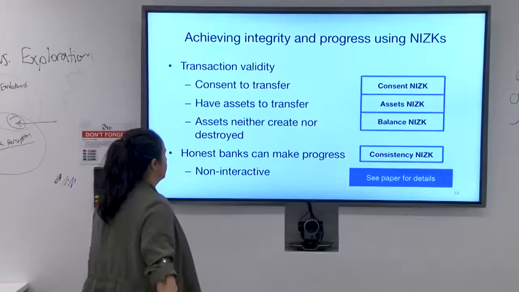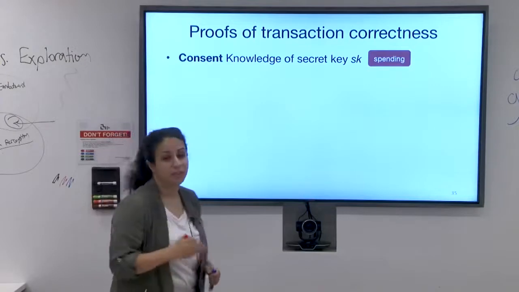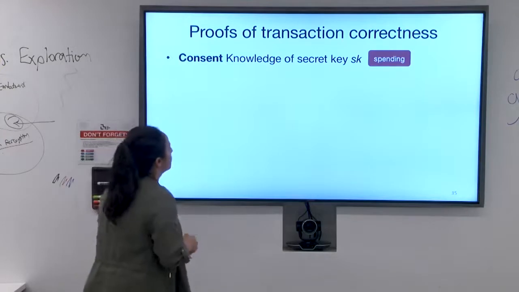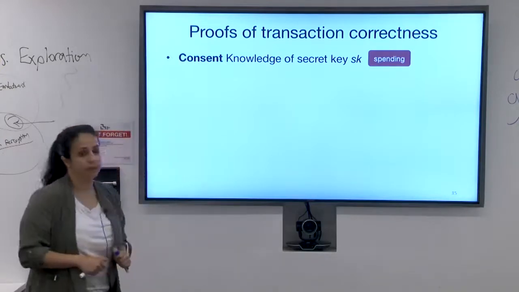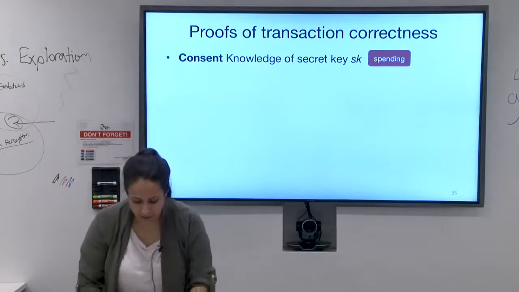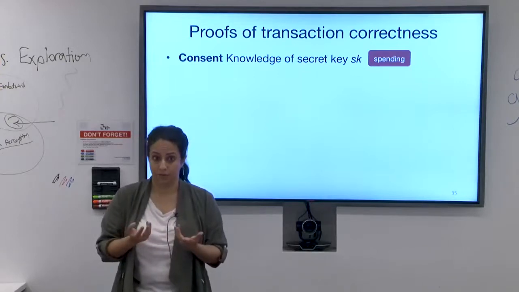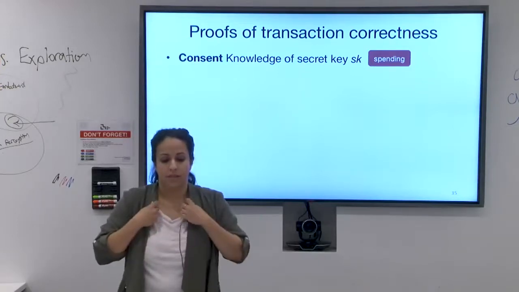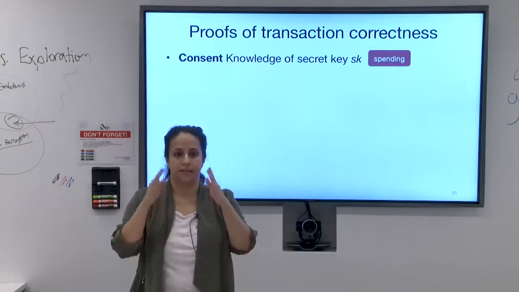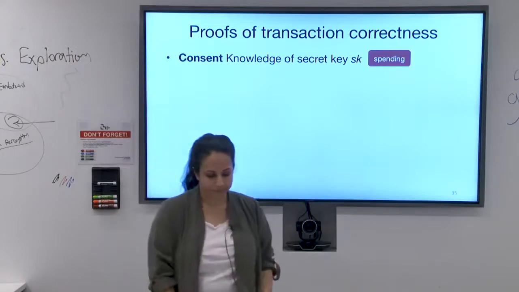So again, you can see the paper for details, but I'm actually going to tell you a little bit about these proofs and what they look like. Okay? So consent. The consent proof is proof of knowledge of secret key, SK. What this means is that if the value in the commitment in this entry is negative, then there should be a proof of knowledge of secret key to indicate that this bank has consented to subtracting from their assets.